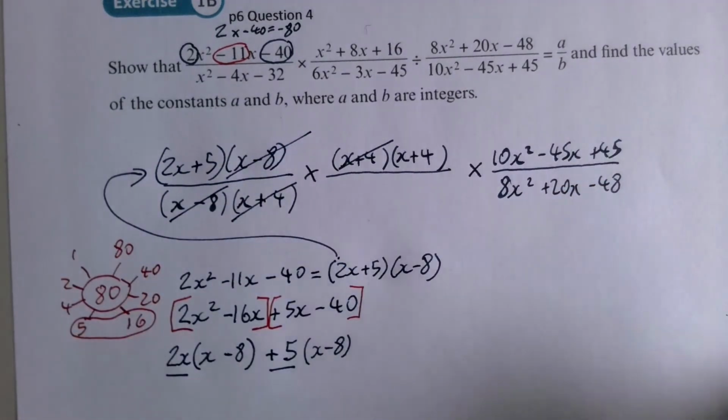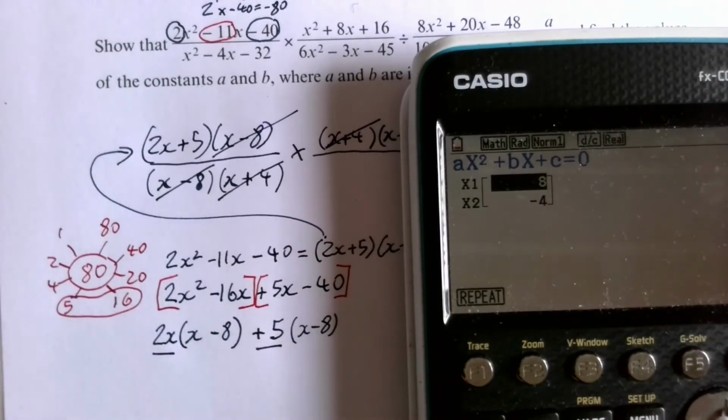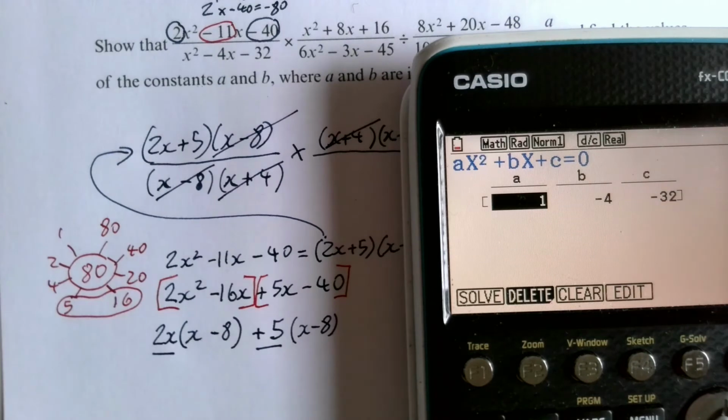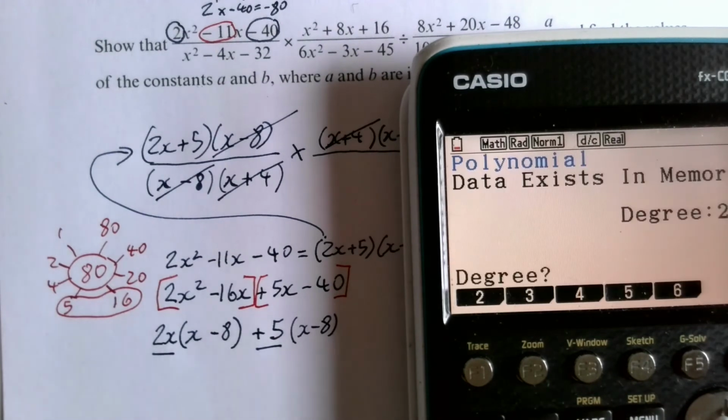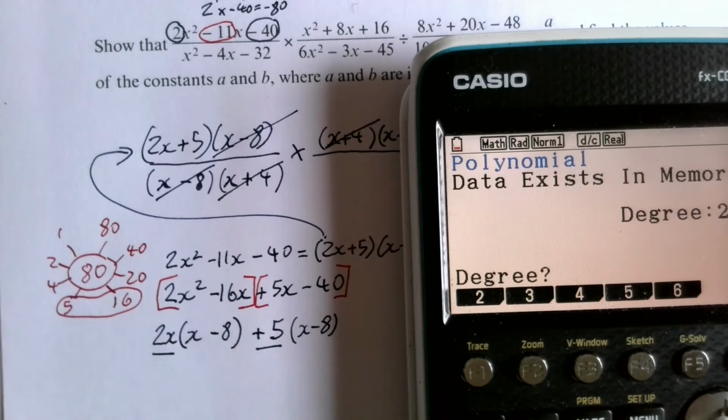Right, now, if we go back onto here, if we wanted to use the calculator to do this, we could have done. It doesn't always work, because it can be tricky if you don't get a whole number answer, but as long as you get at least one whole number answer, it can be useful.